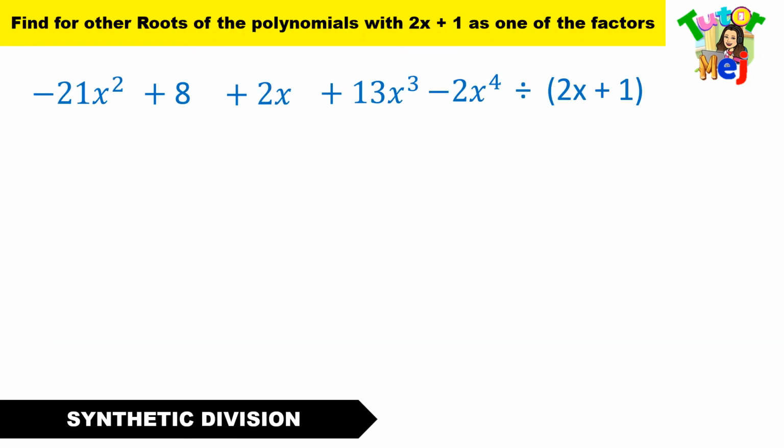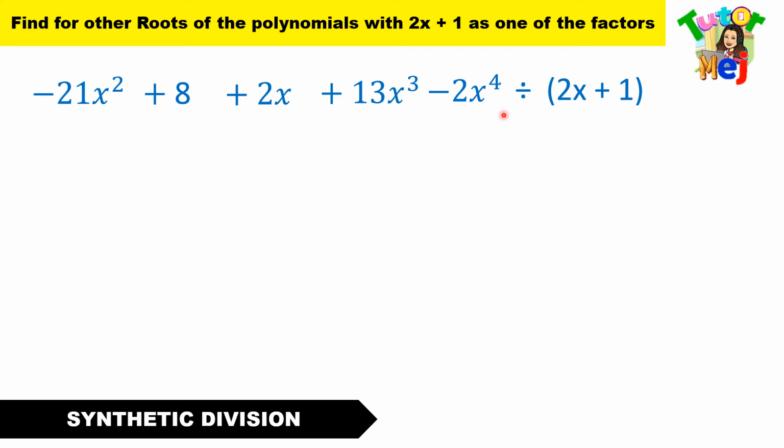Now, what if we are asked to find other roots of the polynomials? Just like this one, we are going to find the other roots of the polynomials with 2x plus 1 as one of the factors. Okay, so the first thing we will do is to check if our given polynomial is already in its standard form.